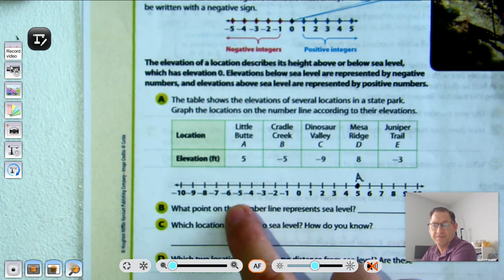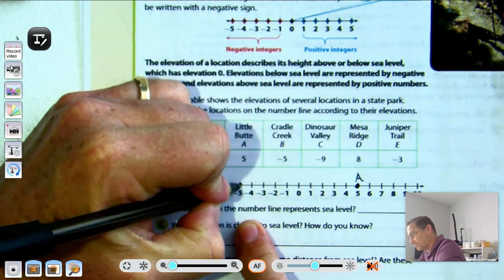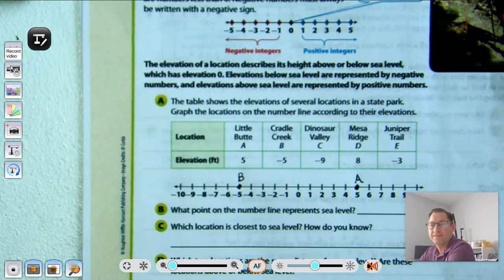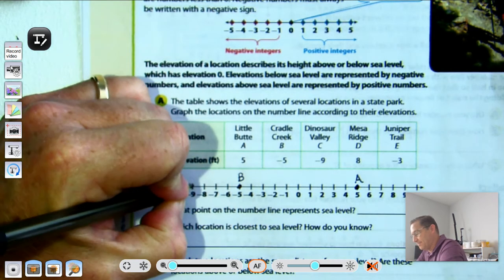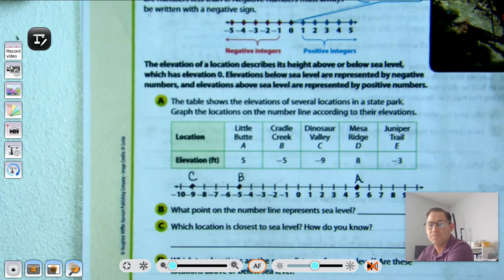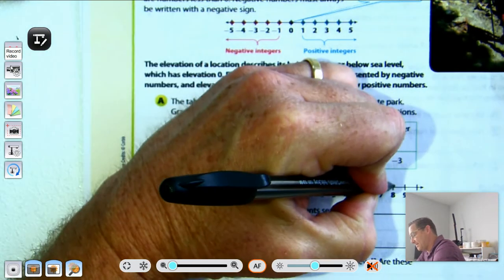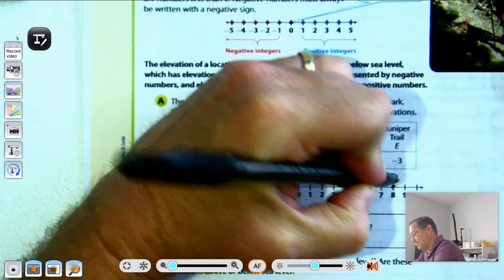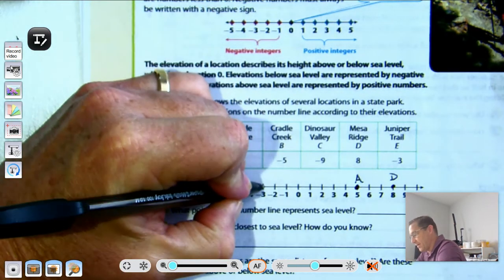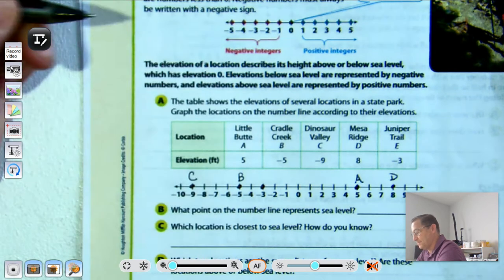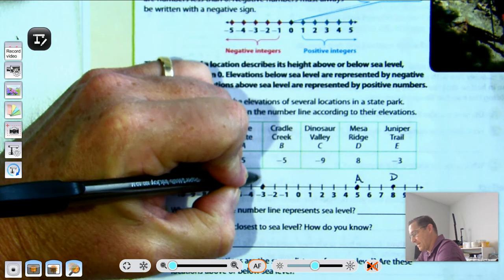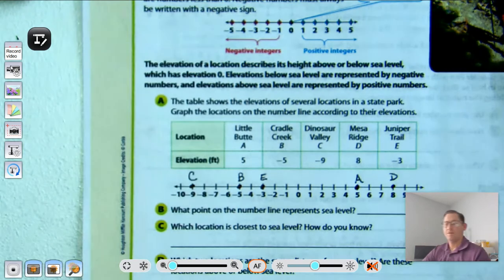So we're going to go to the left of 0 and put point B. Dinosaur Valley is -9. Mesa Ridge is +8. And Juniper Trail is -3. And that's point E. All right.